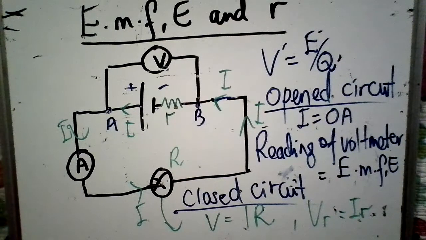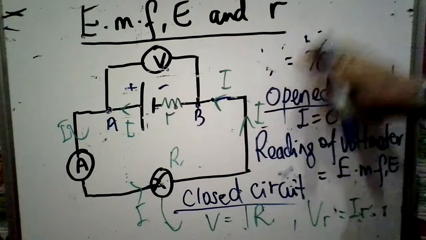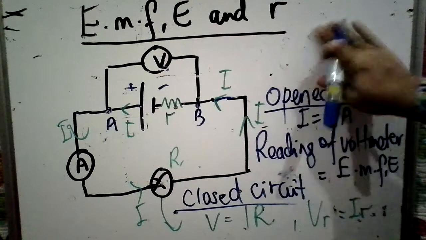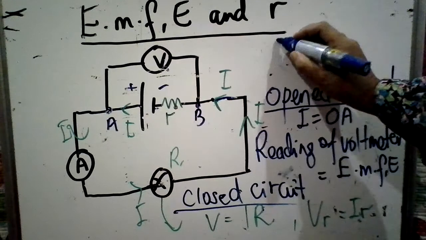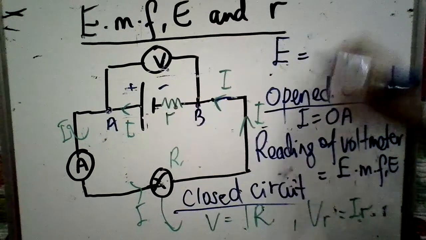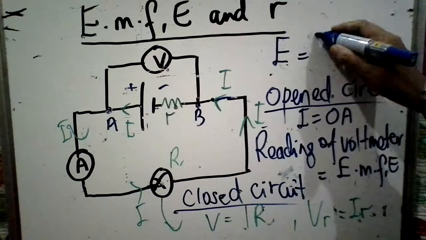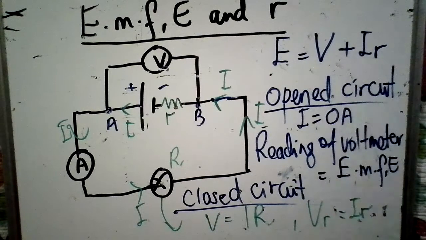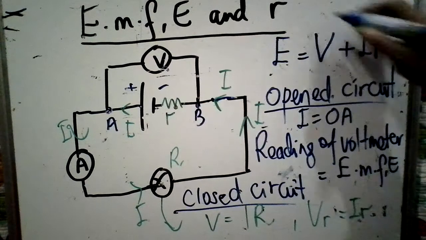So the total energy per unit charge supplied by the battery, which is EMF, some will be used to overcome the resistance of the bulb, that is V. Some will be used to overcome the internal resistance of the battery.